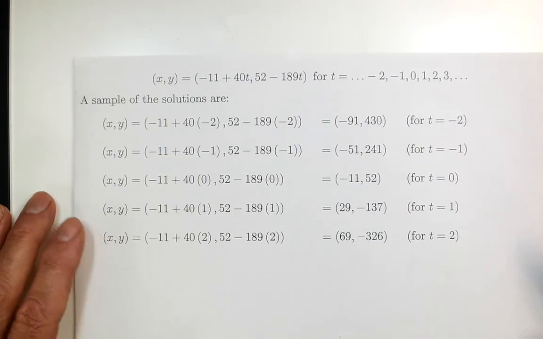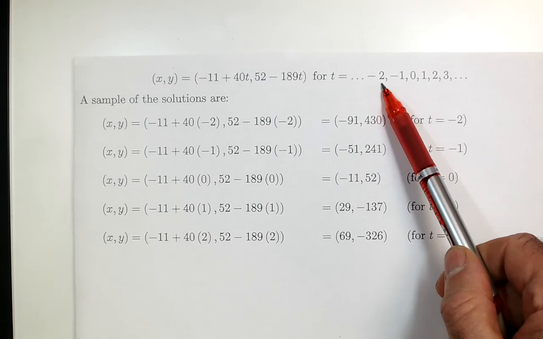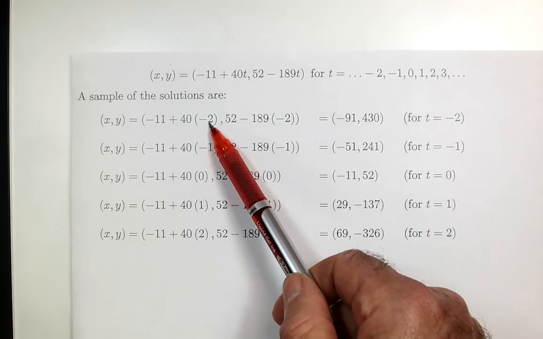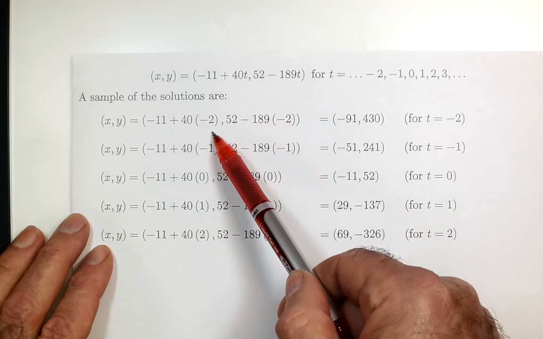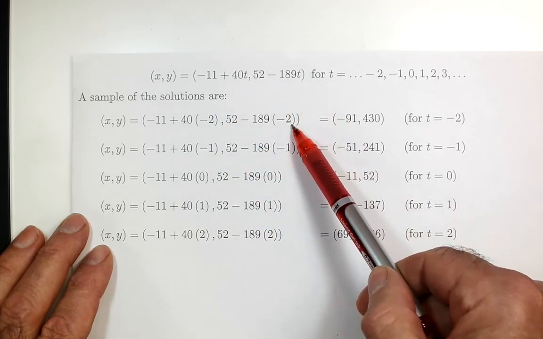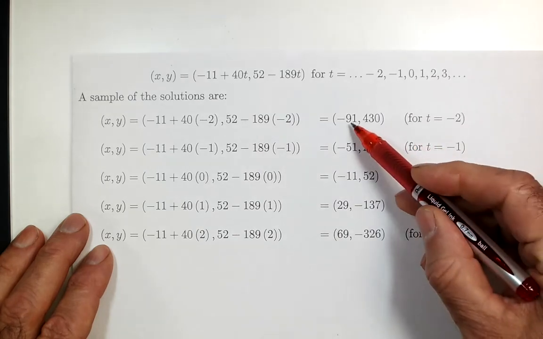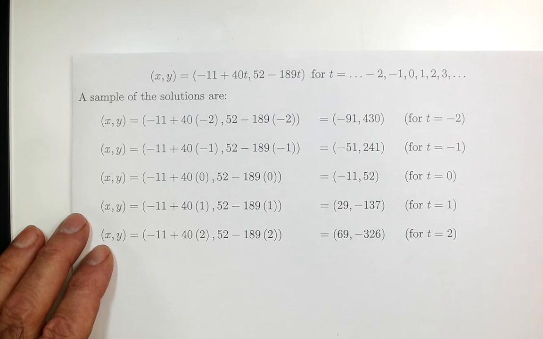And here's a sample of our solutions. If we plug in negative 2 for t, negative 11 plus 40 times negative 2, 52 minus 189 times negative 2, we get the solution (negative 91, 430), which really is a solution.